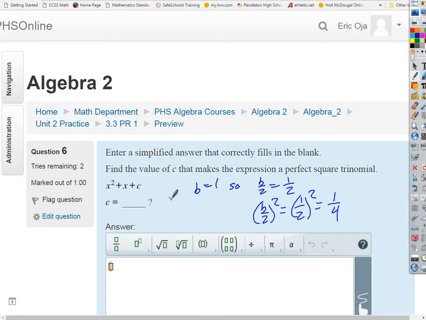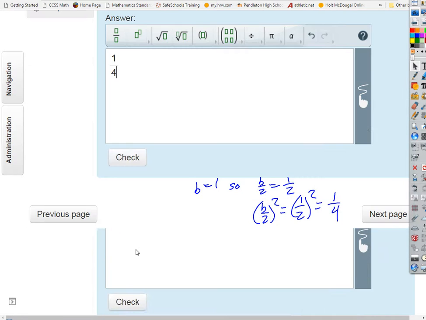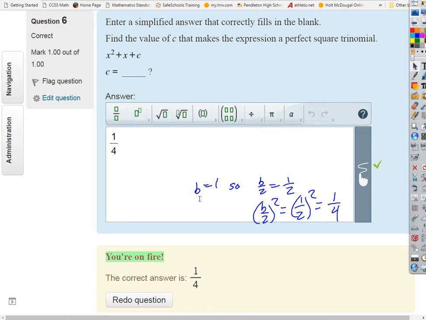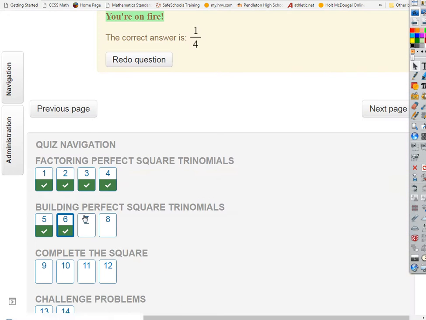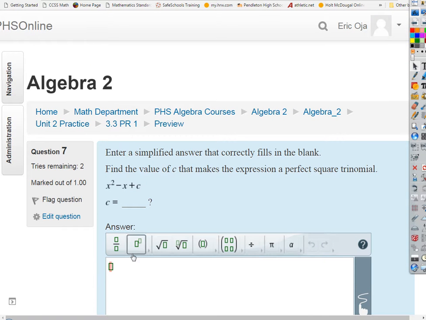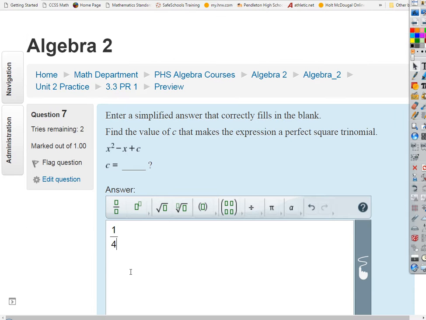So half of 1 squared, or 1/4, is the answer. Half of negative 1 is negative 1/2, and negative 1/2 squared is also 1/4.